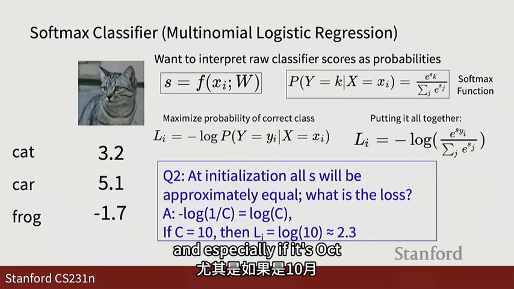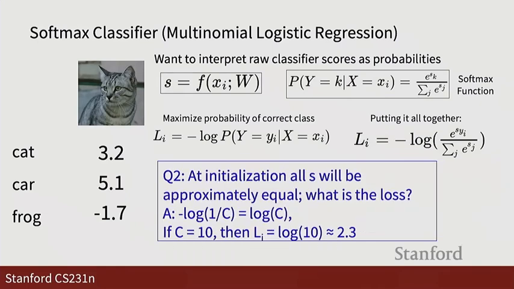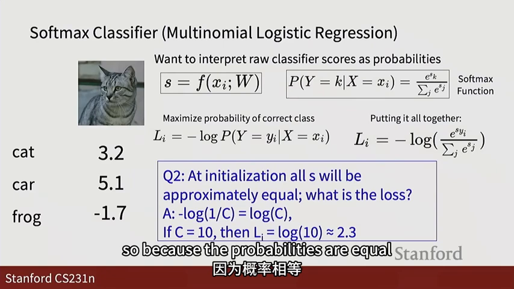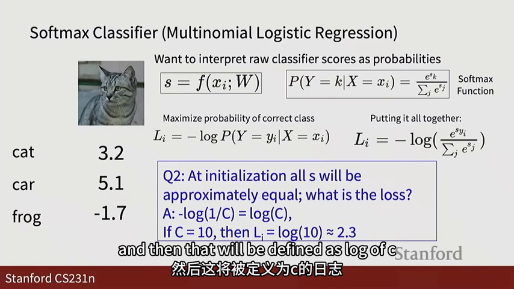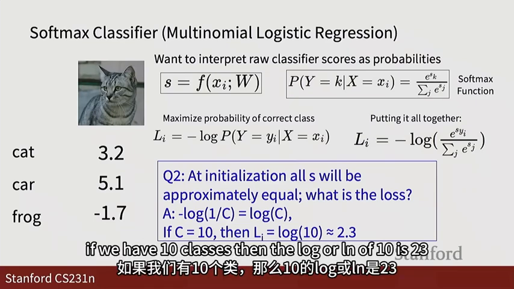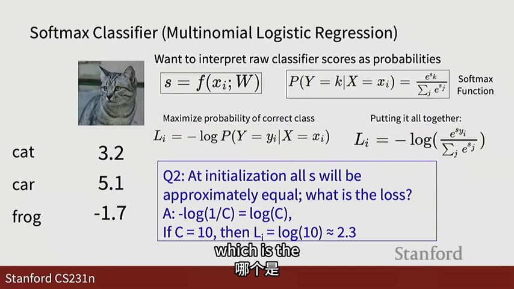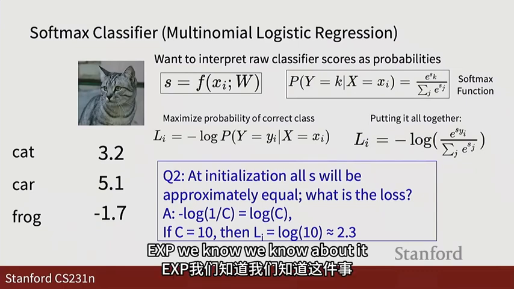And especially if it's C equals 10. Because the probabilities are equal, it means that all of the probabilities are around 1 over C, right? And then the loss will be defined as log of C, and we have 10. If we have 10 classes, then the ln of 10 is 2.3, which is the expected value we know about.